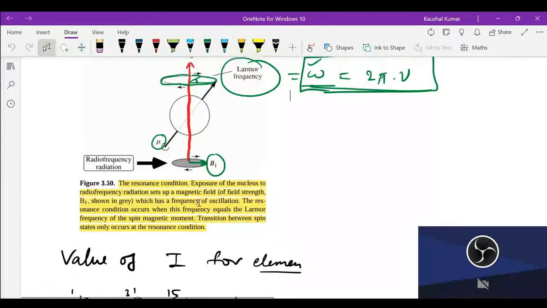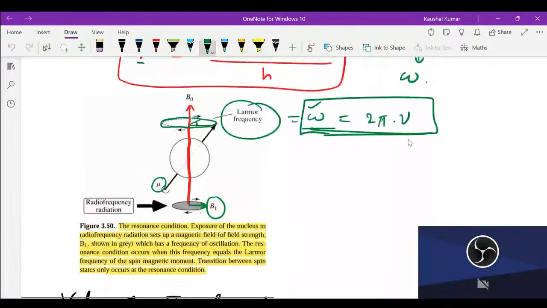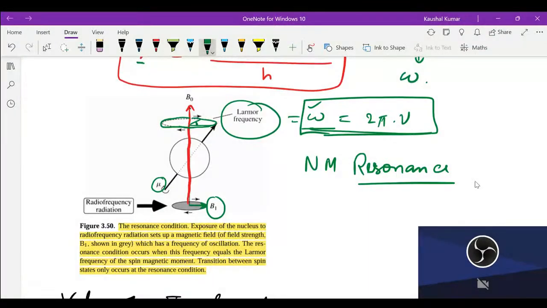So what is this saying? It will form a resonance. We wrote NMR. What is NMR? It will do the resonance, and only then will it be useful. Why are we saying resonance? Because only this resonance will be useful for this technique.